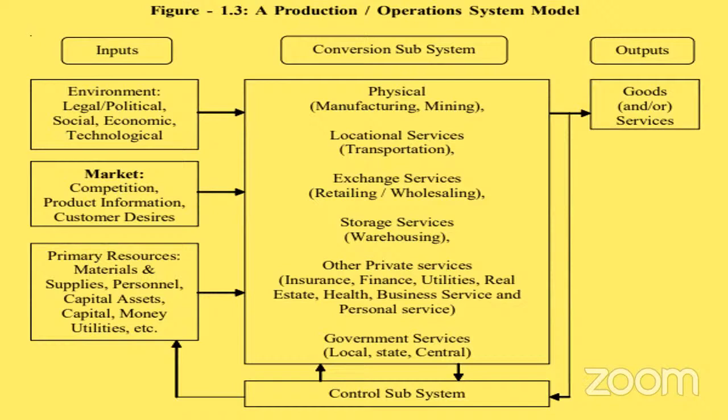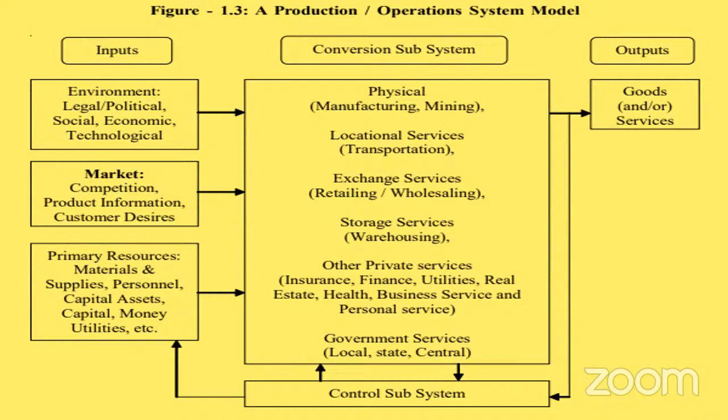So this is a control subsystem. Then we have the ultimate outputs. Output is the product and service. So this is how a system of production or operation system looks.